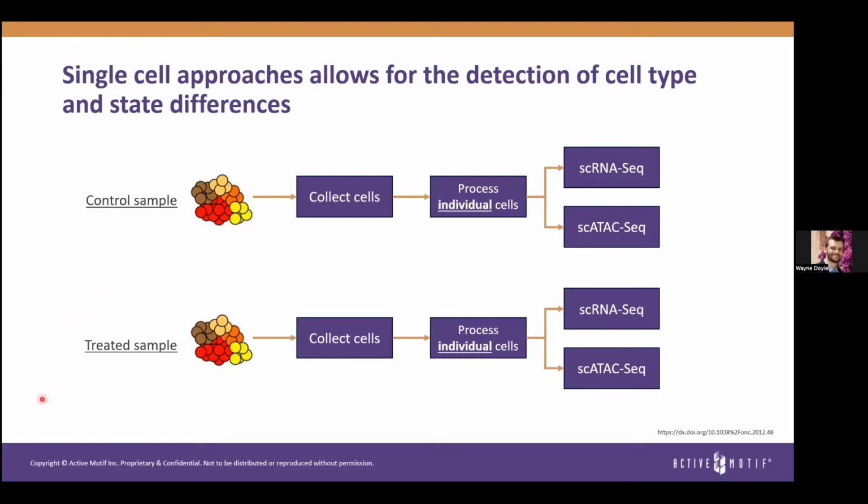We have a control sample, we have a treated sample, we collect the cells, but now instead of processing all of the cells at once, we get gene expression using scRNA-Seq for each individual cell and chromatin accessibility from each individual cell using ATAC-Seq. One limitation with this, though, is that for this processing, we have split this sample. So some cells go to scRNA-Seq, some cells go to ATAC-Seq, but we're not directly profiling gene expression and chromatin accessibility from the exact same cell.